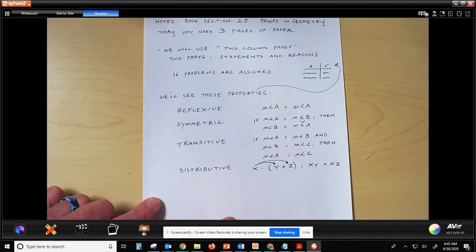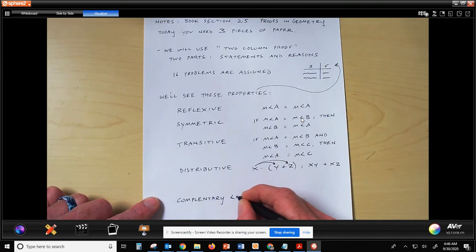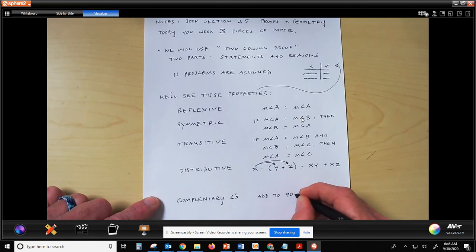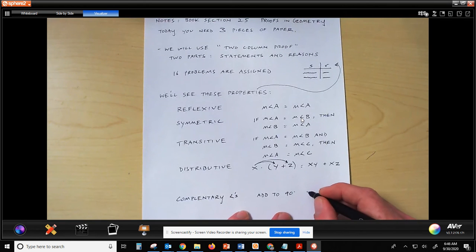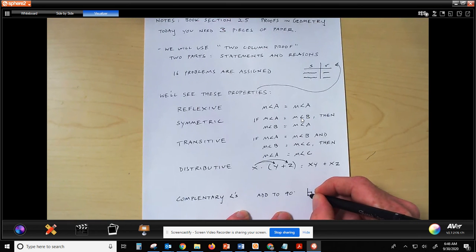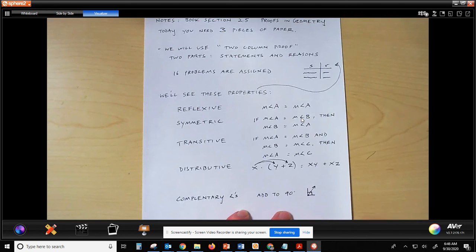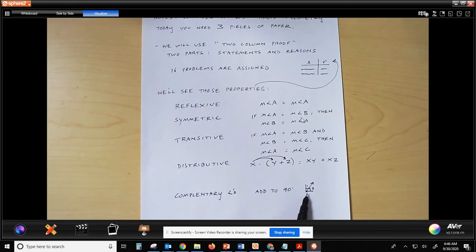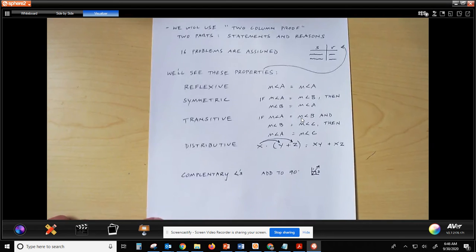Lastly, I want to cover complementary. And let's use the symbol angles. So complementary angles, they add to 90 degrees. Here's a picture of two complementary angles if I drew a ray. Angle 1 and angle 2 are complementary. I know because they add to 90 according to the symbol.